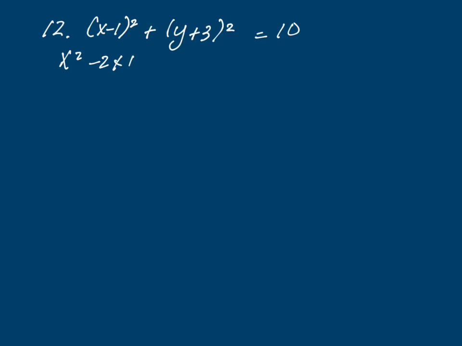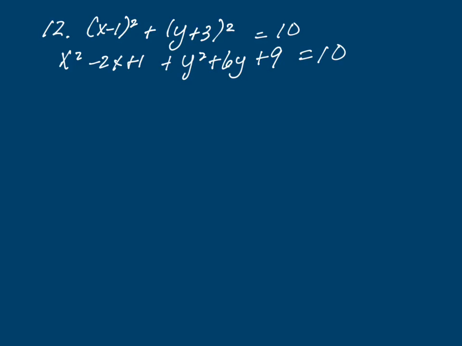Number 12 is (x minus 1) squared plus (y plus 3) squared equals 10. So this is x squared minus 2x plus 1 plus y squared plus 6y plus 9 equals 10.